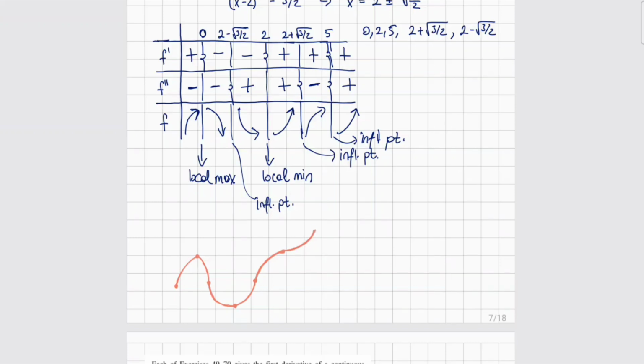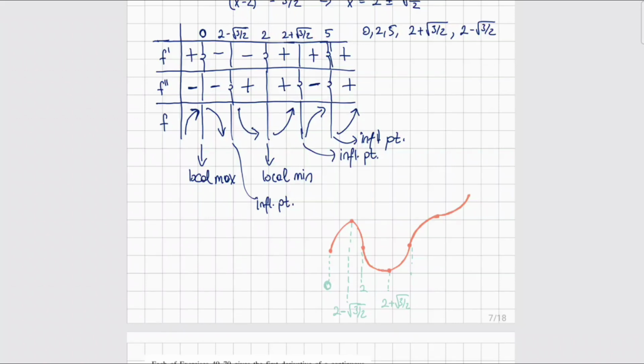Okay, so let's move it like that. So this is where the 0 is, and this is 2. Sorry, I think I missed one.